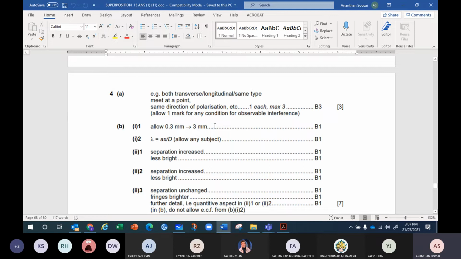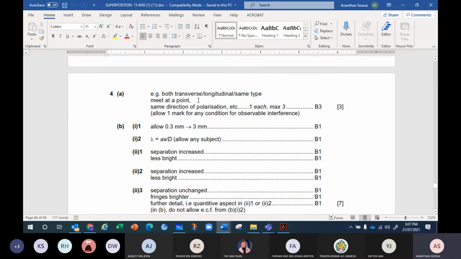Yeah, this is the suggested a value. Okay, fact to remember. But the problem is it depends on the distance, the D. We don't know what D they used here. If the D is 2 meter, we want the a to be preferably in terms of centimeters. So this value can change. But this is the average value they use for the setup.